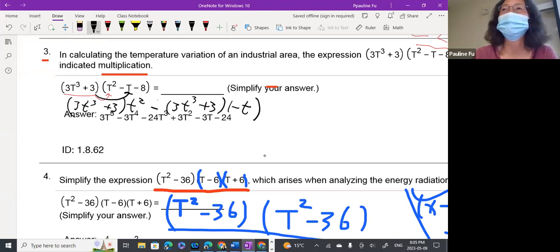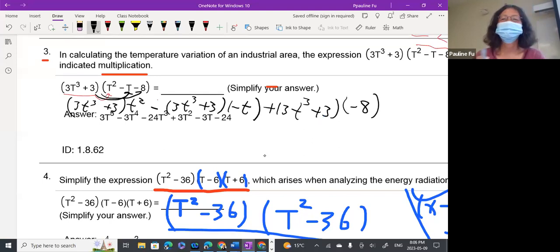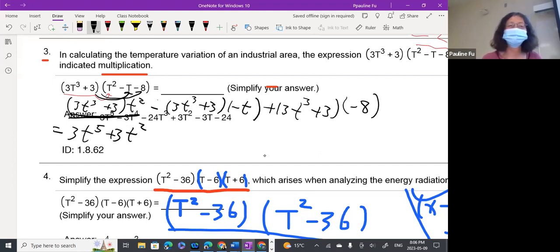It should be capital T. For simplicity, I change capital T to small t, it doesn't matter, okay? Then next time, 3t cubed plus 3 times -8. So basically, you consider 3t cubed plus 3, use this item. Next, you expand this one, so it becomes 3t fifths plus 3t squared.